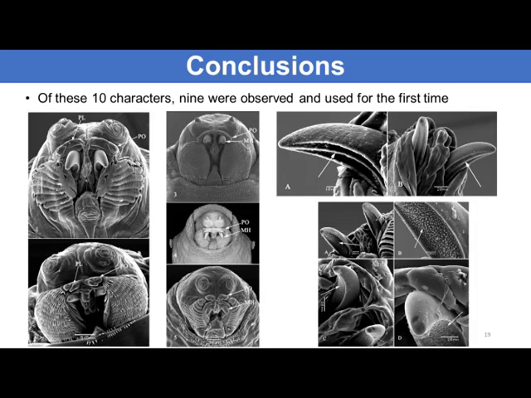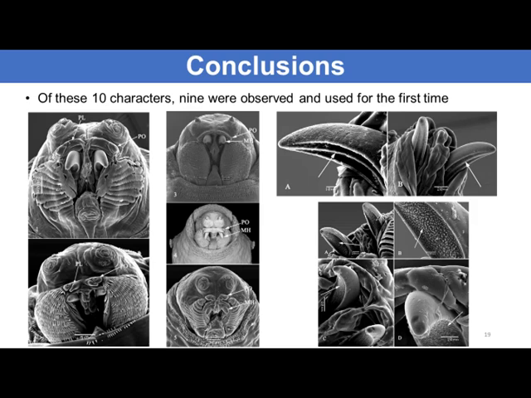Here we can see some of the other characters we are using. For example, we have preoral organ and preoral lobes that are fused or can be separated. Another interesting feature is on the ventral surface of the mouth hook.